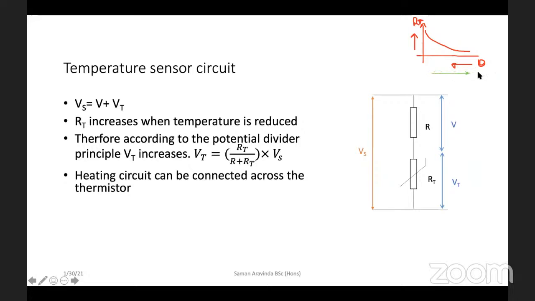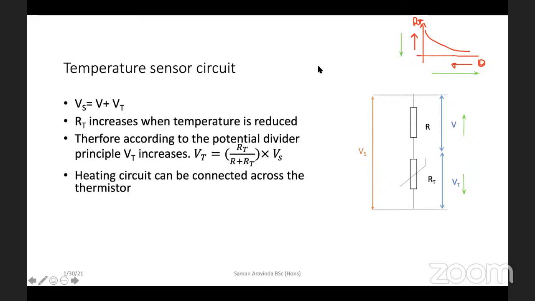The temperature rises. What happens to the thermistor resistance? The thermistor resistance reduces, which means the thermistor voltage reduces. What about the voltage across the fixed resistor? The fixed resistor's potential difference increases. So to trigger the AC system, we should connect it across the fixed resistor.